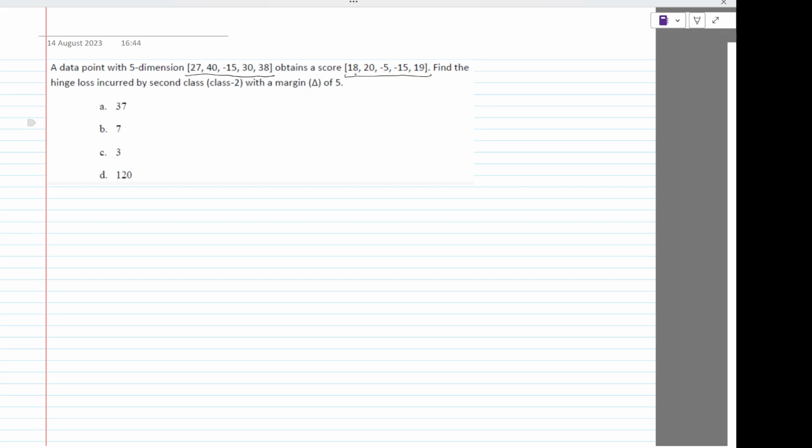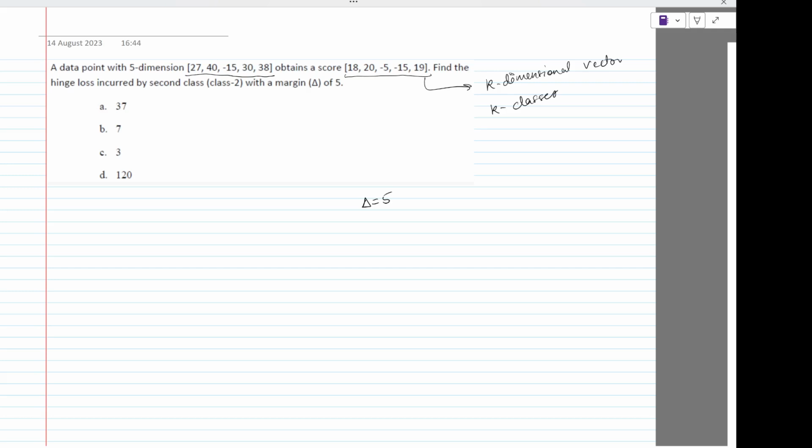If it is a k-dimensional vector, then we can say there are k classes, and it is a score for this particular data point for each of the classes. It is asked to find the hinge loss incurred by the second class with a margin delta of 5.